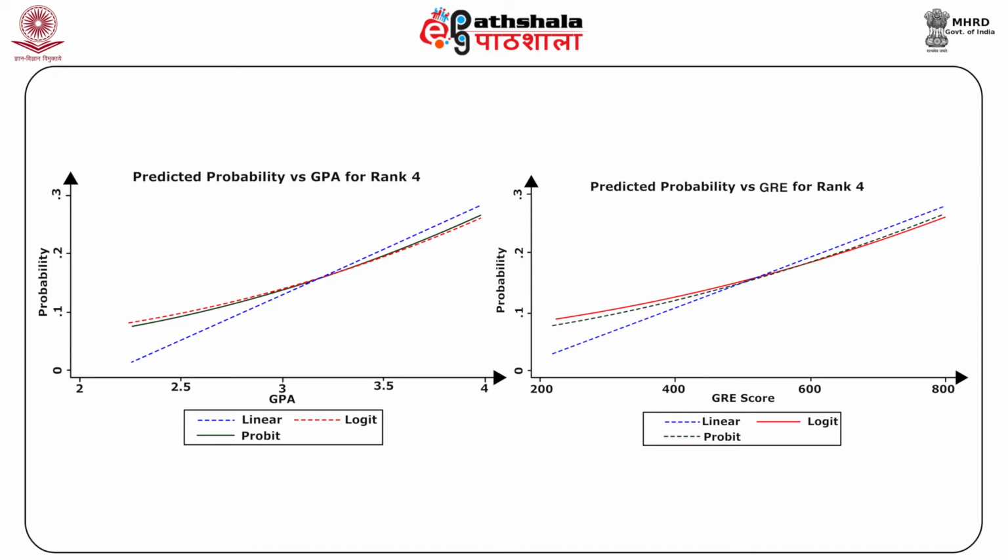Once again, I am sure you can see the linearity in the OLS predicted probabilities and non-linearity in the predicted values of the Logit and Probit models. So I am sure this is clear: OLS gives you a linear kind of relationship, whereas the Logit and Probit models give you non-linear relationships.